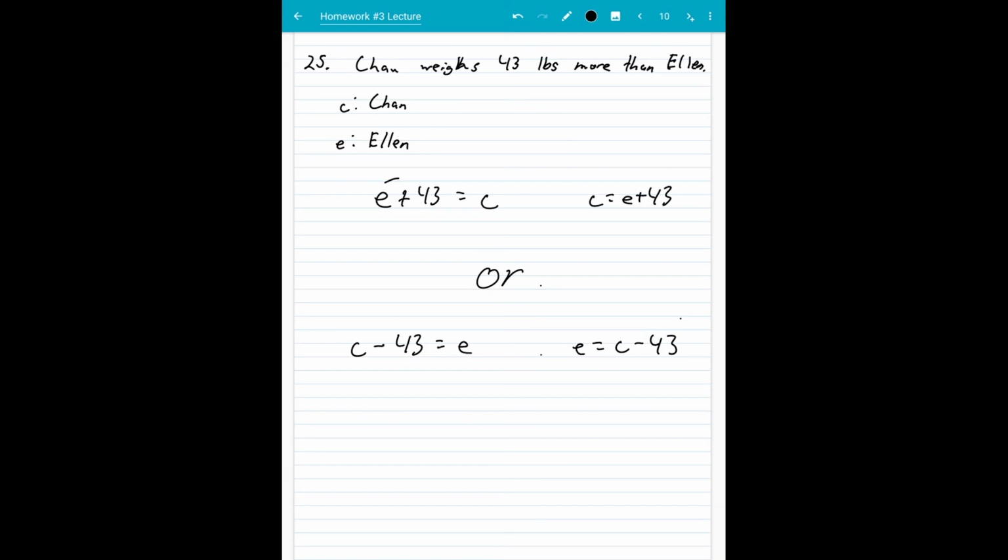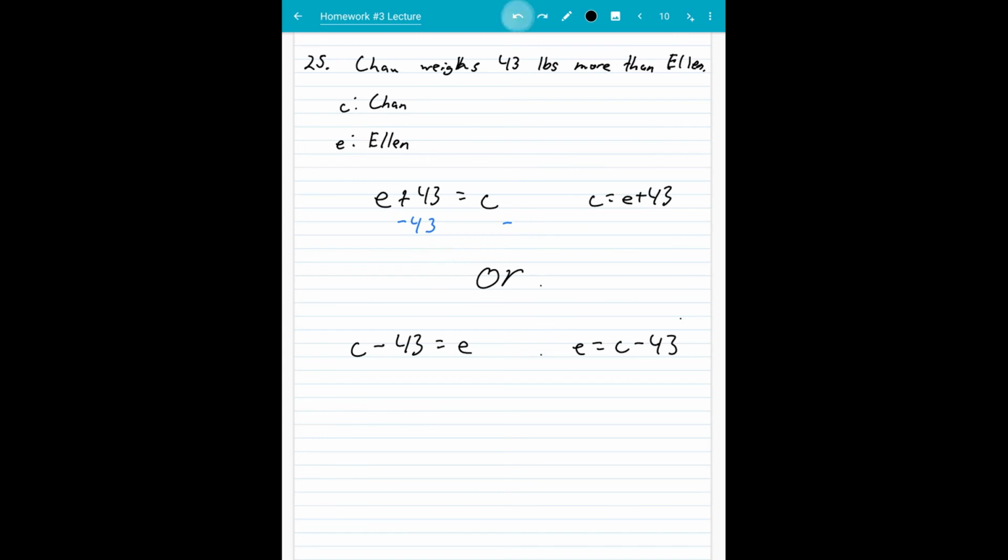Ellen plus 43 makes Chan, or Chan minus 43 makes Ellen. If I was to apply some of those algebra rules, like moving the positive 43, I could move the positive 43 over on the other side. I don't combine it with the C, but I combine it with the 0 that's right there. That ends up getting us E equals C minus 43, which is what we have right there.